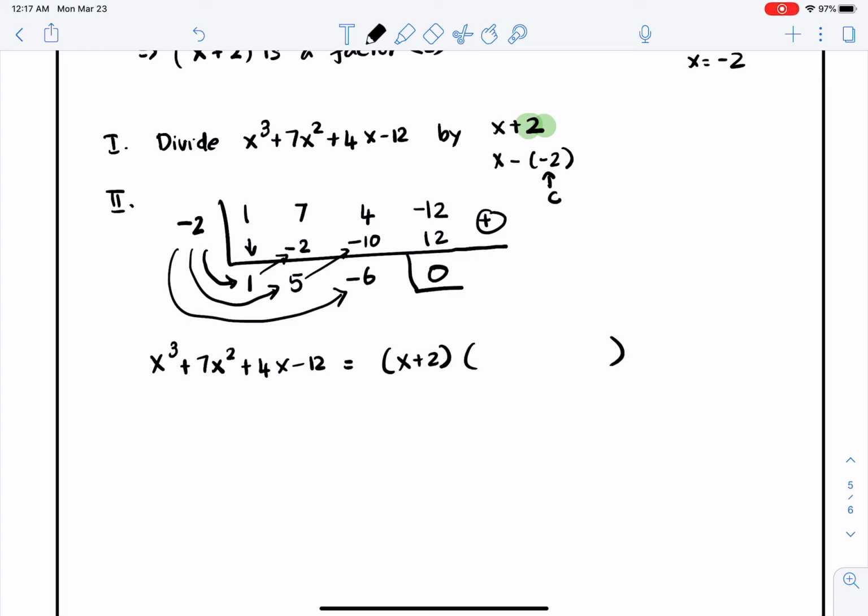The quotient always starts at a degree 1 less than the original polynomial. So we start at x squared. The coefficient of x squared is 1. So 1 times x squared is x squared. The coefficient of the x term is 5. And the constant term is simply negative 6.